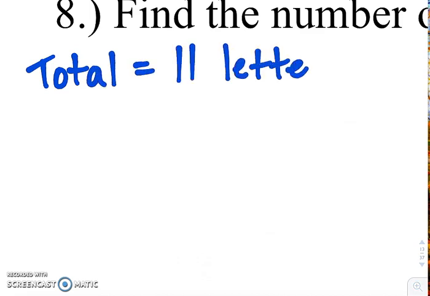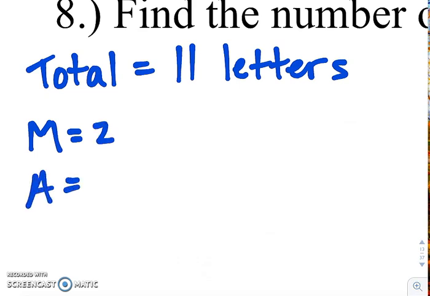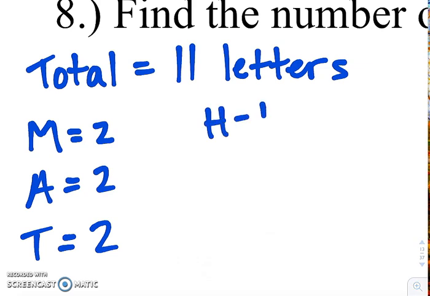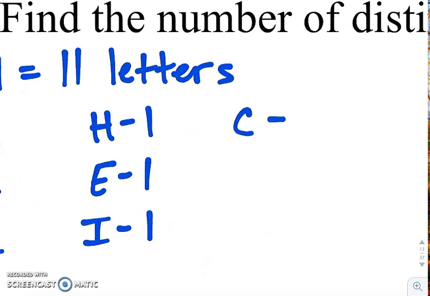The first letter is M, and M occurs twice. Then A also occurs twice, T twice, H just once, E once, and then the I is once, the C is once, and the S is once.